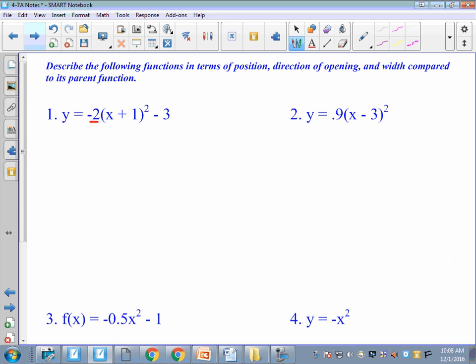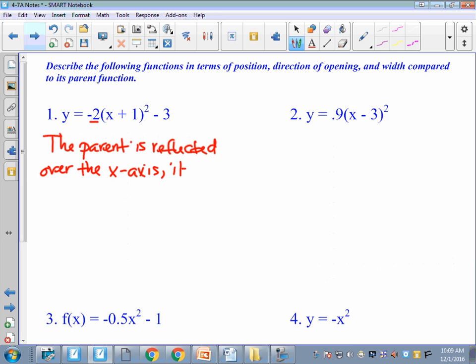The negative part of that 2 is going to reflect the graph, the parent, over the x-axis. So the parent is reflected over the x-axis. Whenever you talk about a reflection, you got to tell me that it's reflected and where? Over the x-axis. It's going to go down.